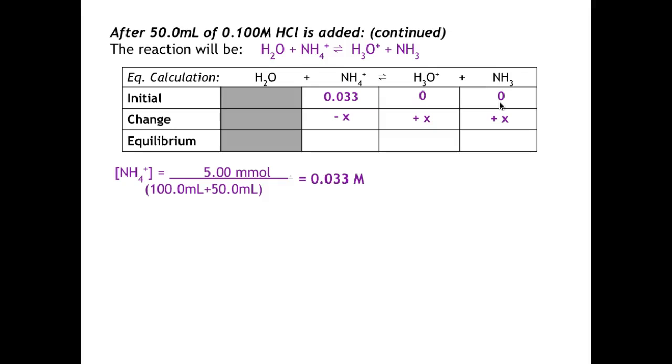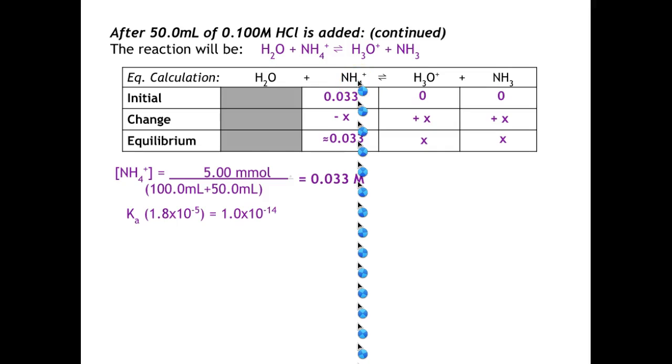Our change is going to be minus x, plus x, so approximately 0.033 for our equilibrium concentration of our conjugate acid, and x and x for our other values. And then hopefully you realize that we were given a Kb initially, so we need to figure out its Ka for the fact that we are dealing with a conjugate acid.